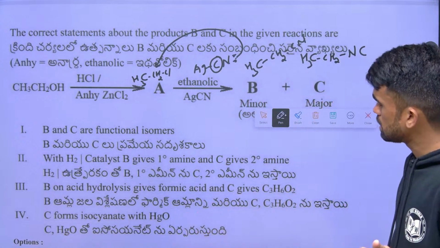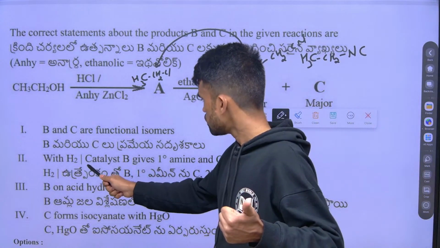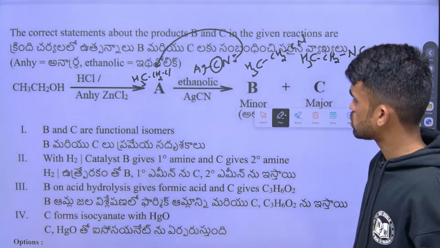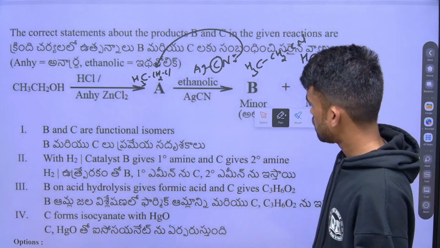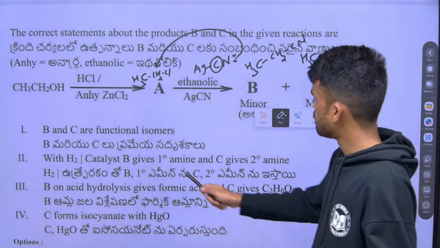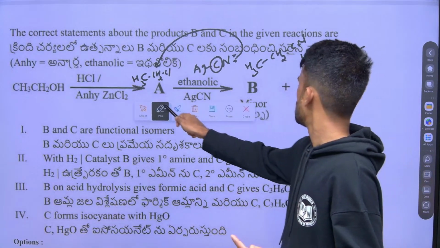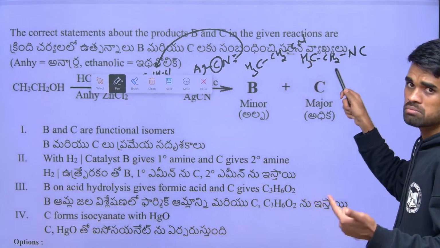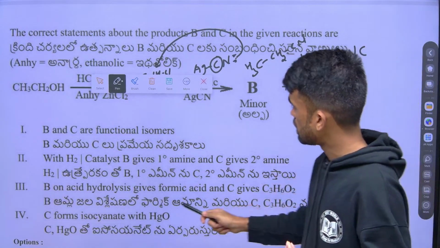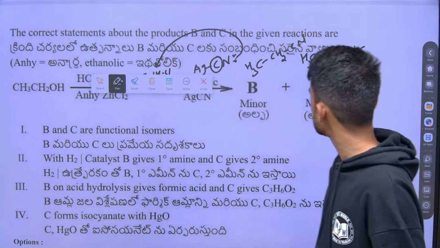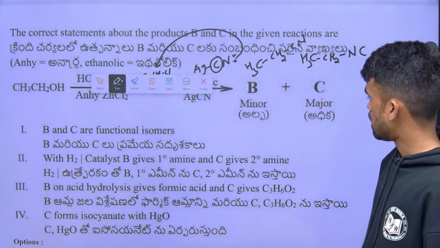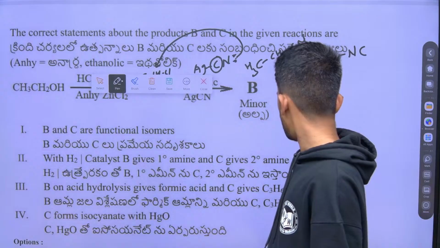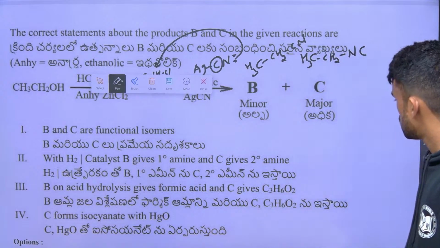Next, with H2 and catalyst, B gives a primary amine and C gives a secondary amine. That is correct. And B on acid hydrolysis gives formic acid.